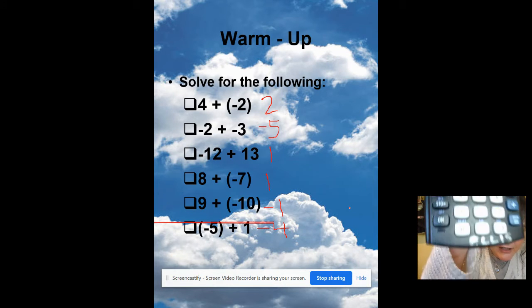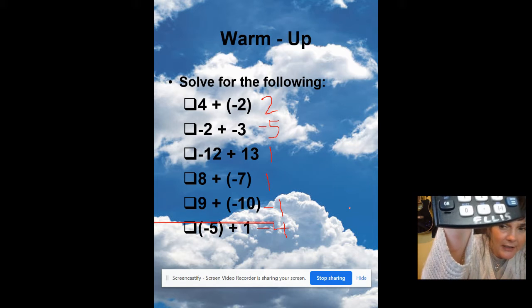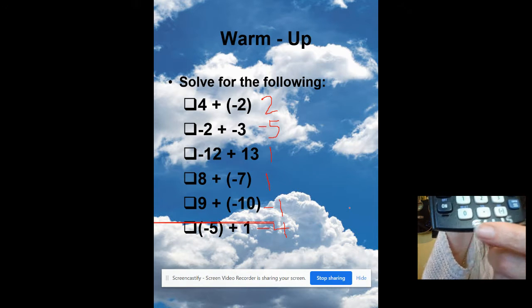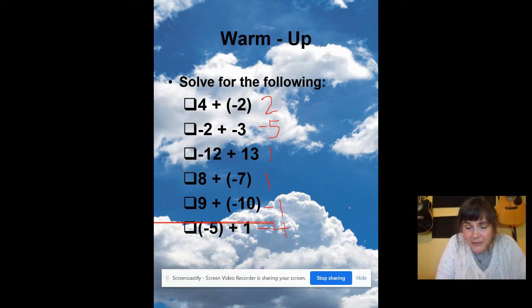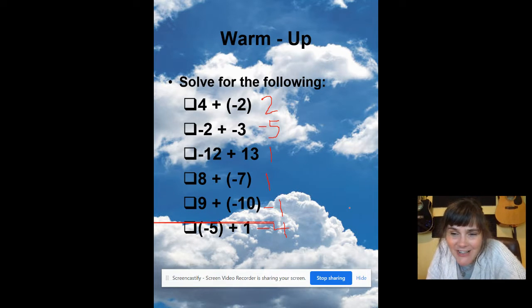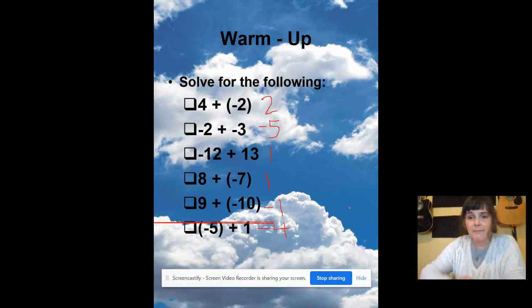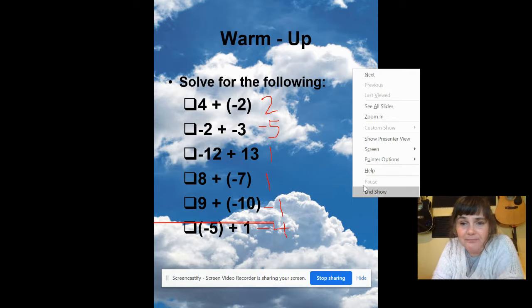But this kind of calculator here has a little button right there. Whoa, wrong way. This one that helps you do negatives. So if anybody would like me to mail you one, you can borrow it. I hope to get it back next year when you're 8th graders. If I don't, it's not the end of the world. But I just want you to have a calculator because as we start doing algebra, there's going to be a lot of operations with negatives, and you're going to need that.